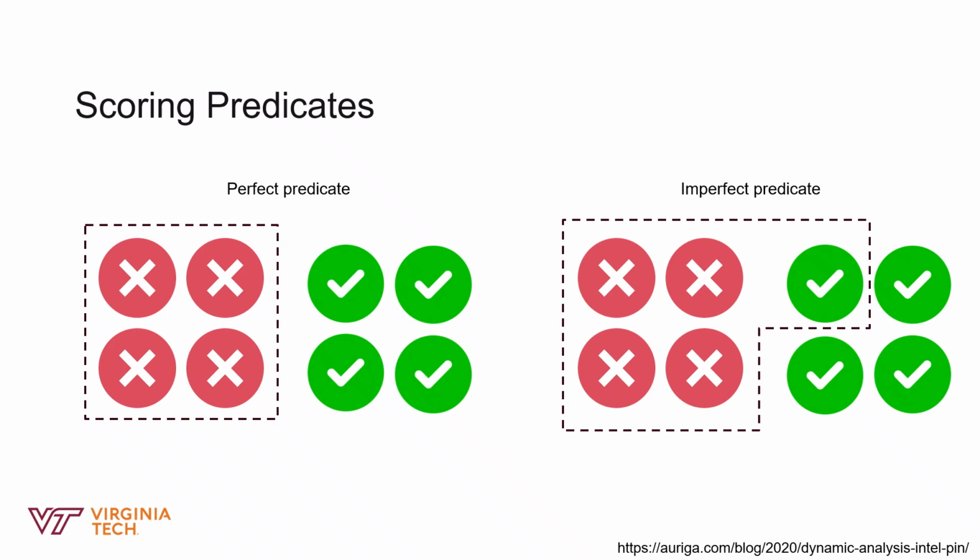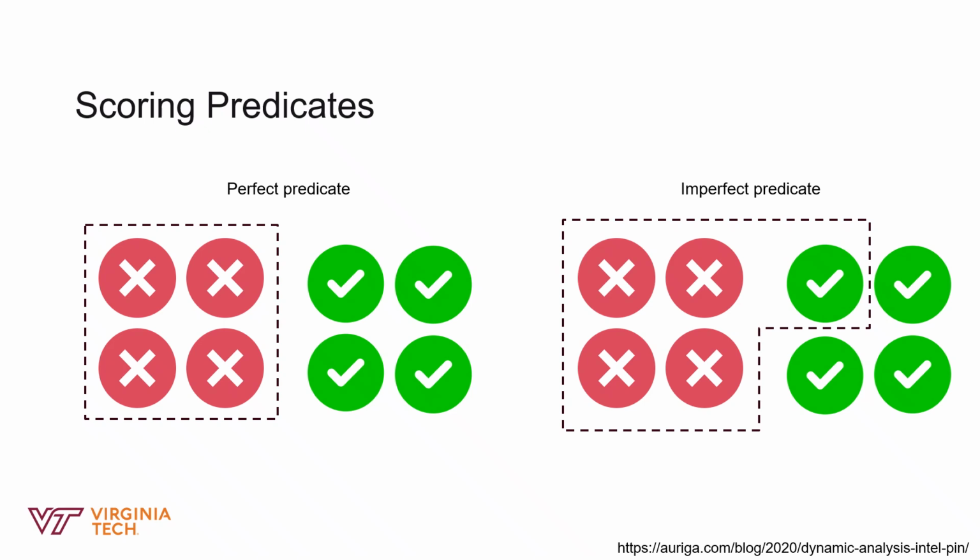For example, the example we gave earlier, where for a given instruction, RAX was less than 17. If that was true for every single crashing input and false for every single non-crashing input, that would be a perfect predicate. We can compare this with imperfect predicates, which are not wholly able to differentiate between crashing and non-crashing inputs.